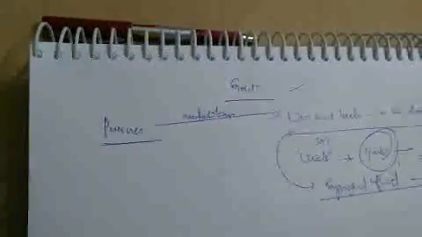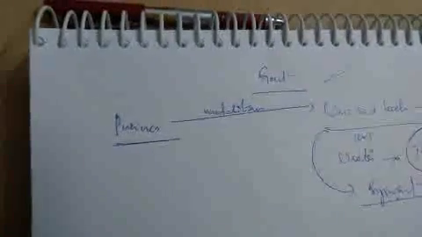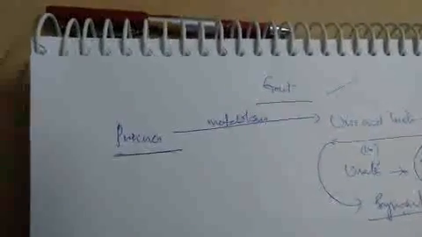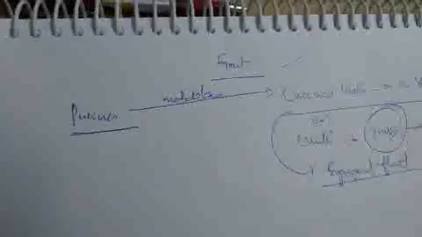Purines are the nitrogenous bases of the nucleic materials in our system. When these purines undergo metabolism, ultimately the final metabolite produced is uric acid.